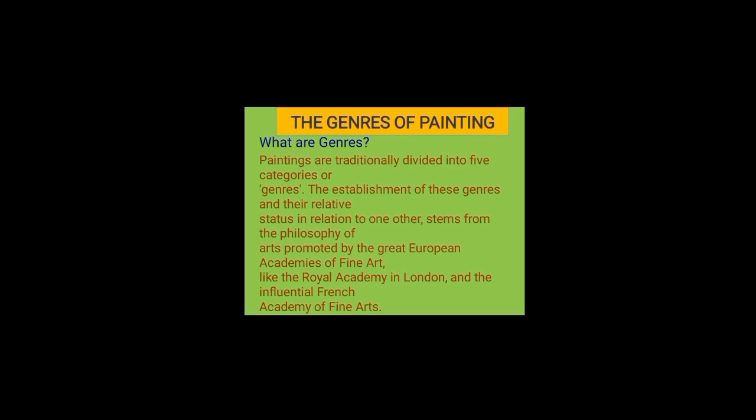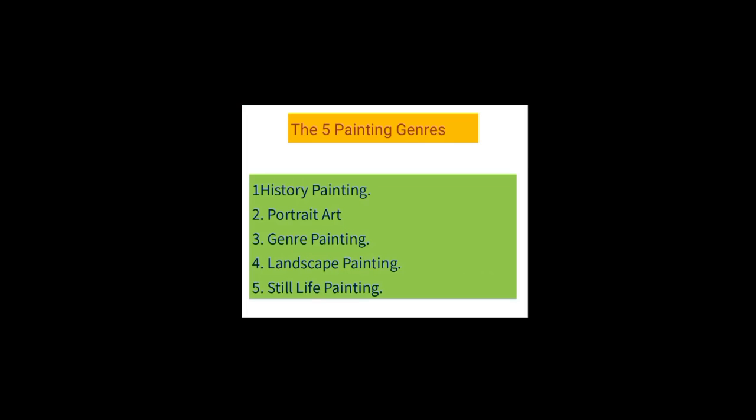The establishment of these genres and their relative status in relation to one another stems from the philosophy of art promoted by the great European academies of fine art, like the Royal Academy in London and the influential French Academy of Fine Arts.